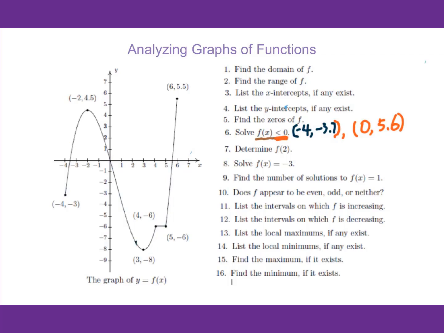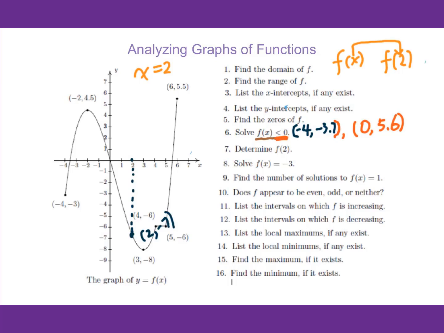For number 7, determine f(2). We know f(x). Now f(2) means x equals 2. For x equals 2, you need to find 2 on the x-axis. It's over here. Then you draw a vertical line to intersect the graph at (2, -7).